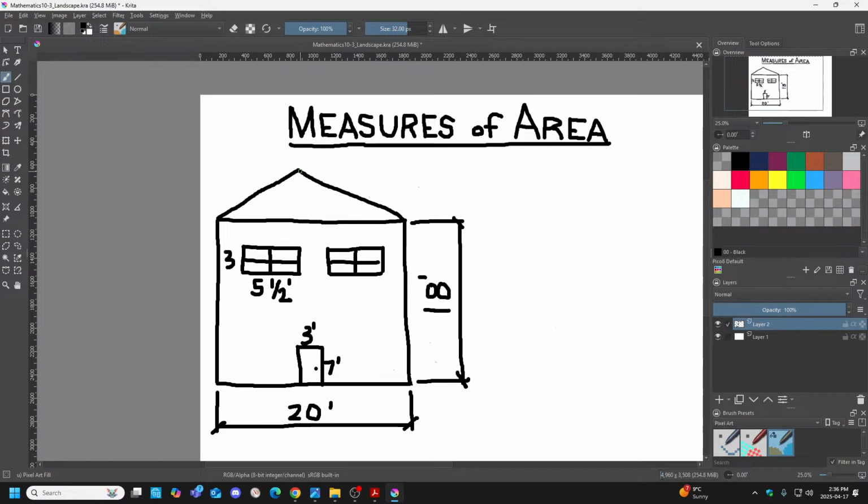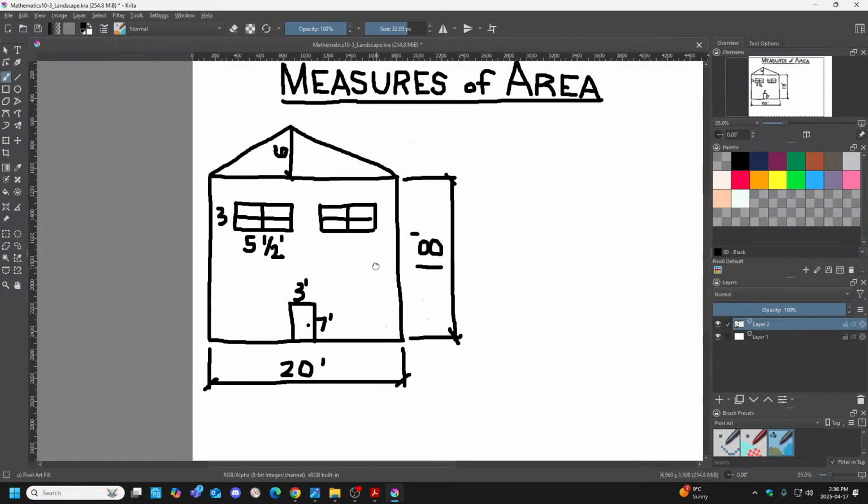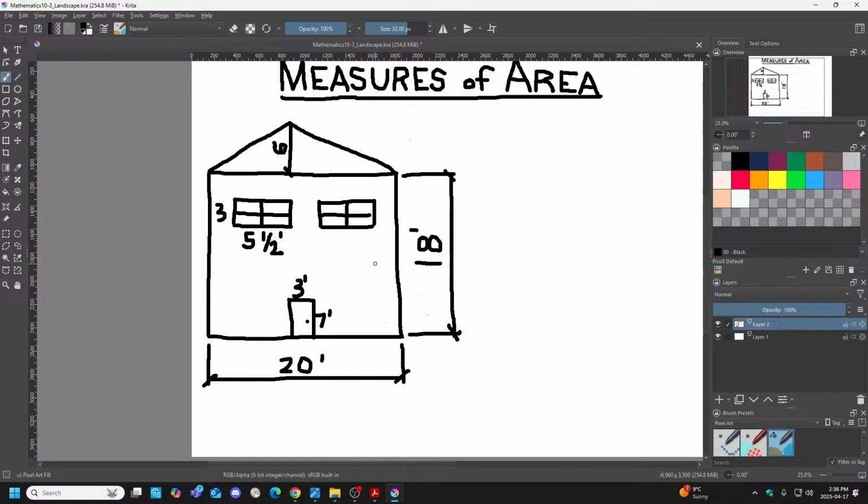And then here, I don't know why it's showing it, but this is 6 feet. Probably just to throw off the people that don't think or don't know how to think, okay? All right, the question is, you gotta be smarter in the question is my point.